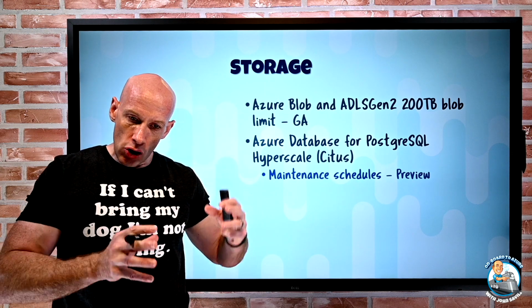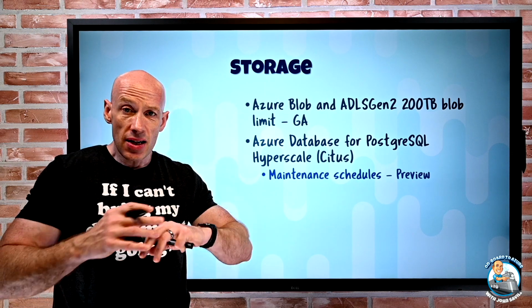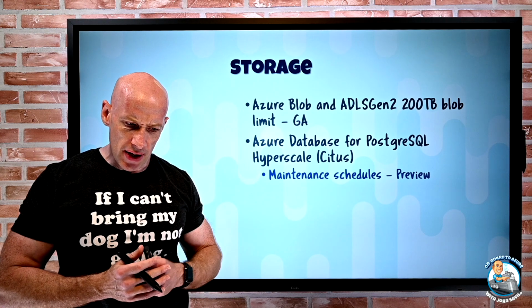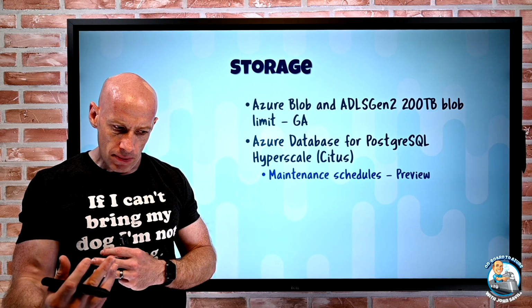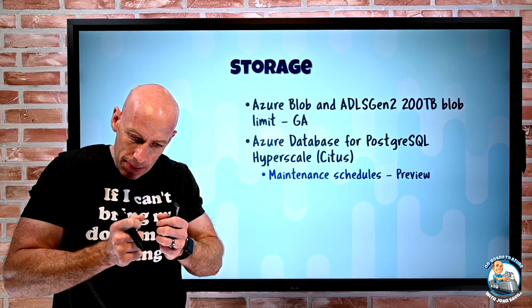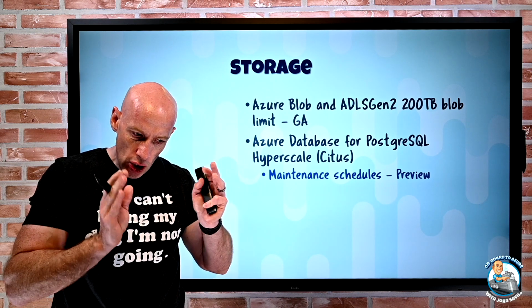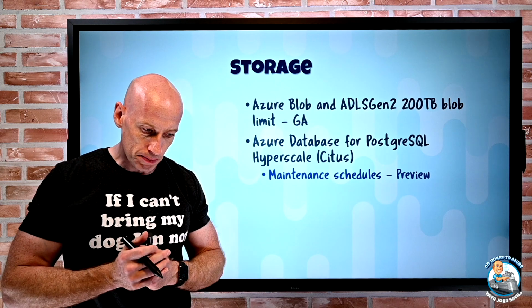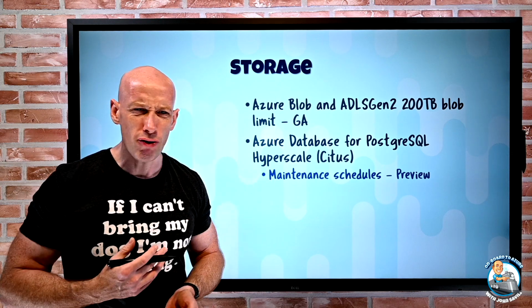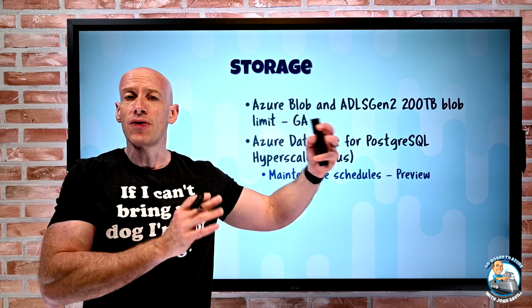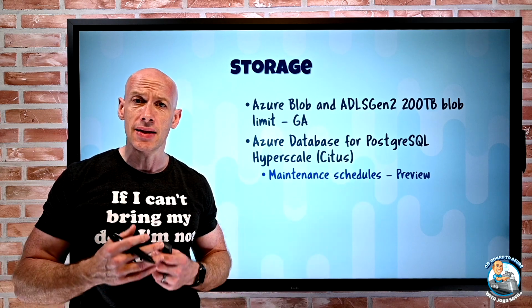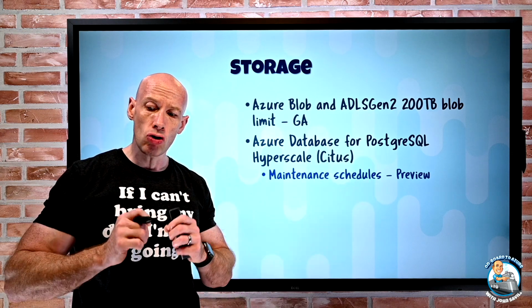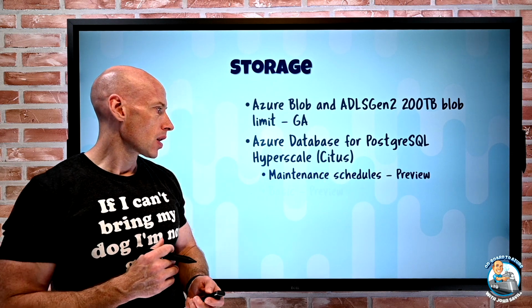I have these server groups, and there's a default maintenance window, I think 11 p.m. to 7 a.m. But I can also do a custom schedule where I give it a 30-minute window, and it will do the maintenance within that window. I'll get a notification through Azure Service Health ahead of the maintenance happening, so I can control that maintenance window.